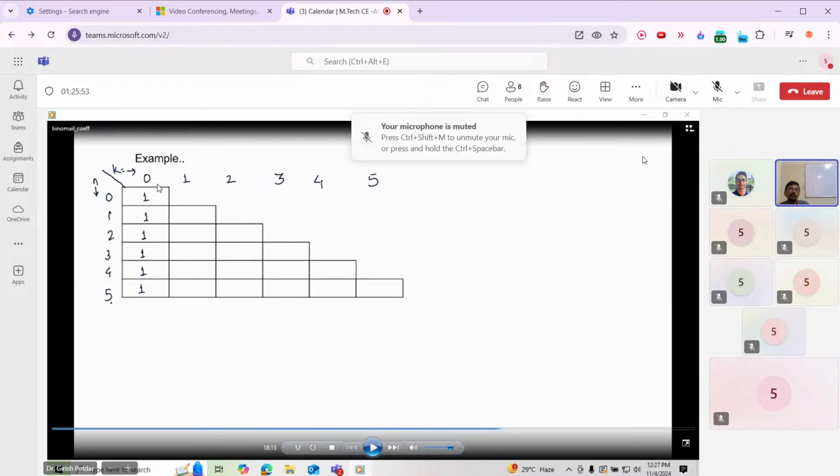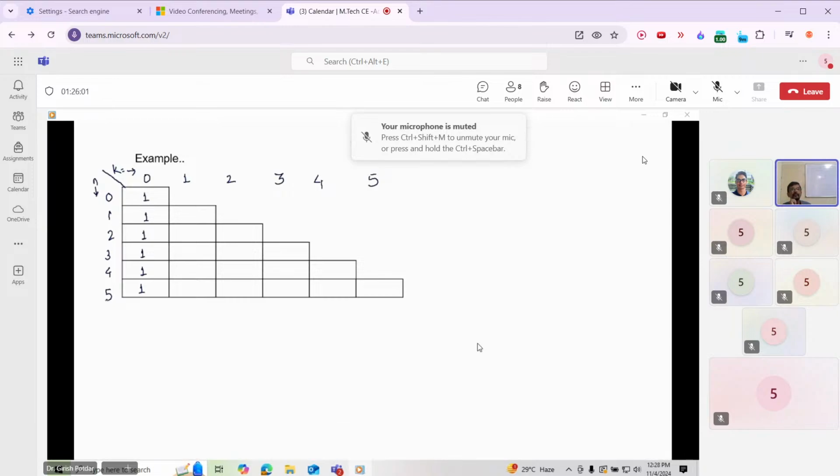So the first column entries are all 1s. That is what we had defined in the recurrence relation too. When k is equal to 0, whatever the value of n, they will all become 1. So the first thing we have done is, for k equal to 0, we put the matrix entries as 1s.